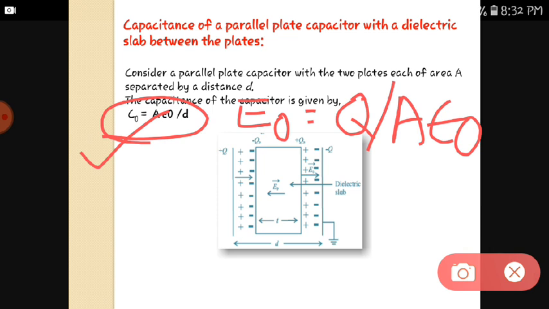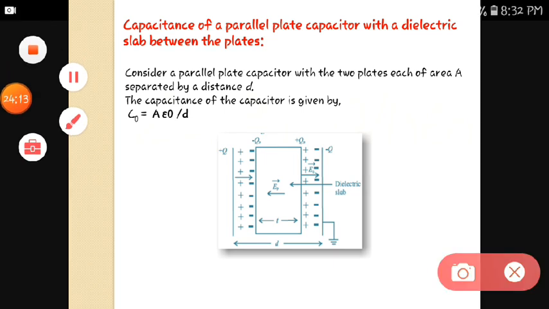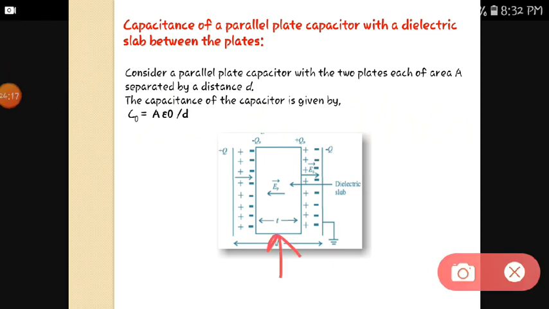Now have a look at the diagram. Same diagram, but the new thing is a dielectric slab of thickness T being introduced between the two metal plates. As it is a dielectric material, when an electric field is produced on it, it will get polarized, that we have seen.